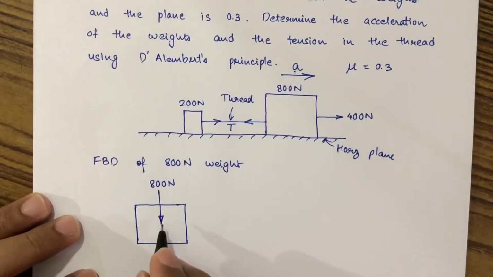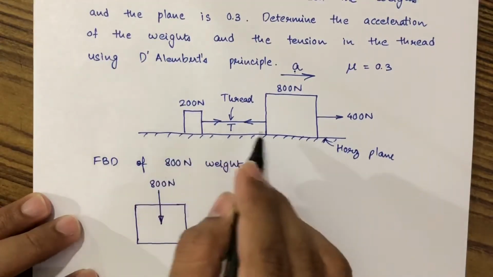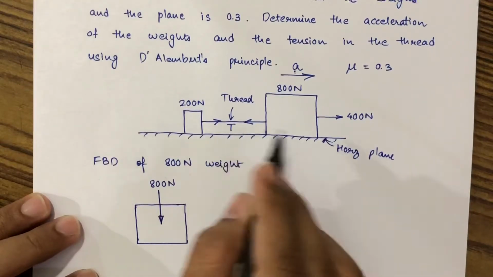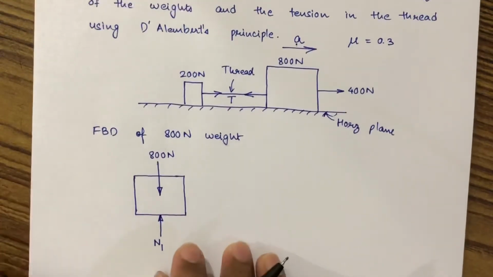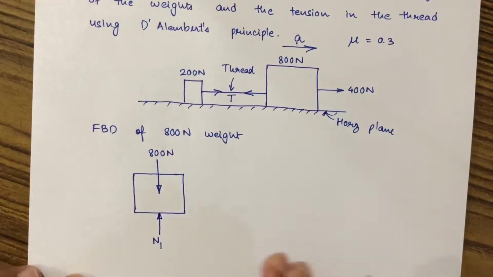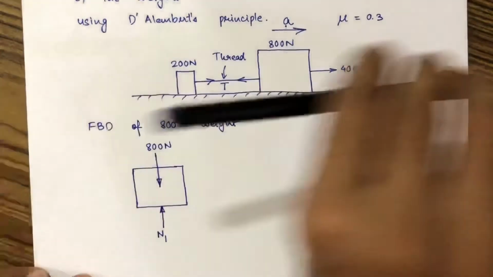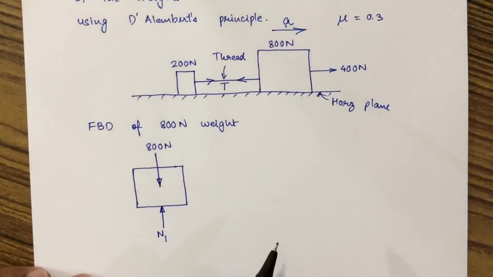Because the weight is resting on this horizontal plane, a normal reaction will occur in the opposite direction of the weight. Let us denote it as N1. Now as the block will move in this direction, friction will be in the opposite direction.